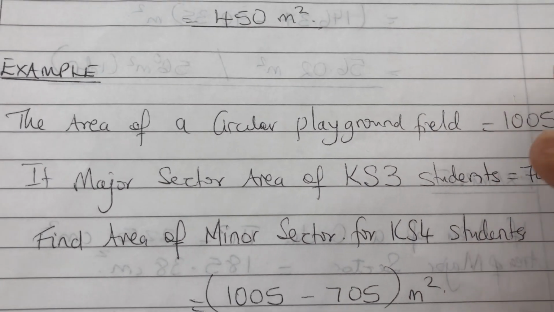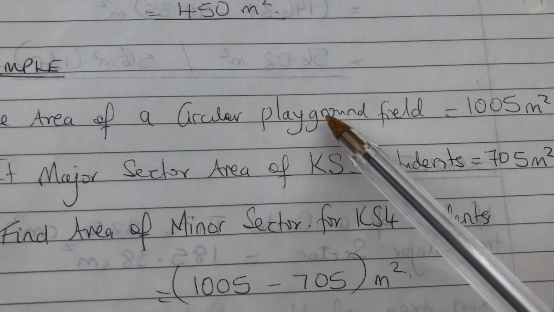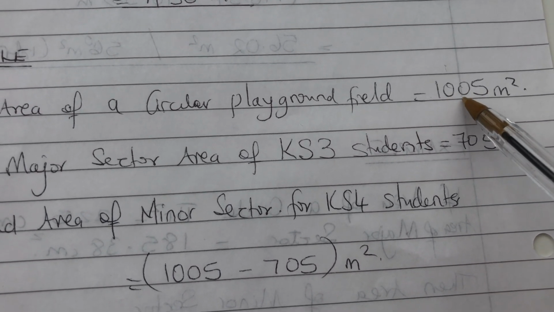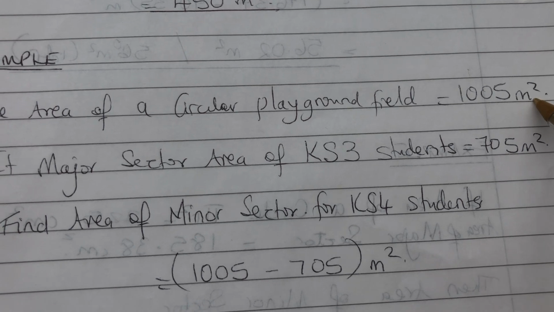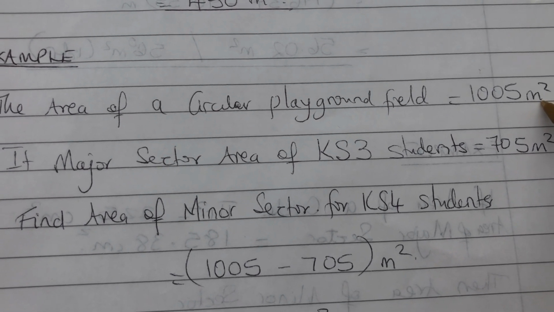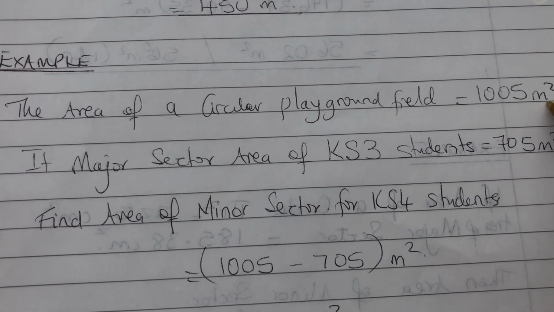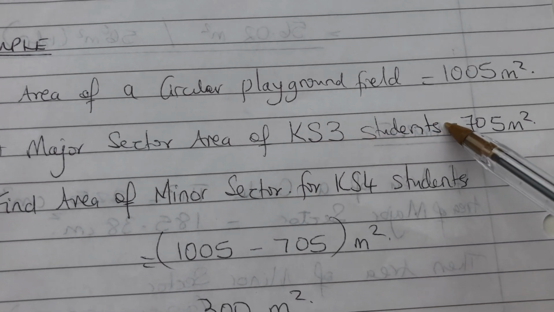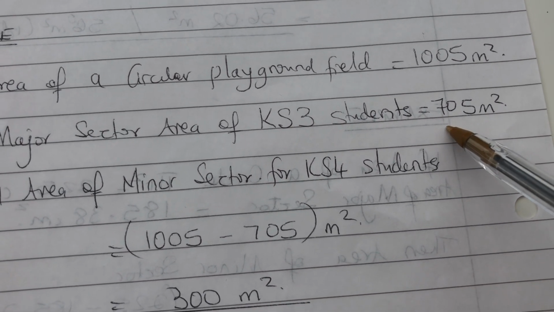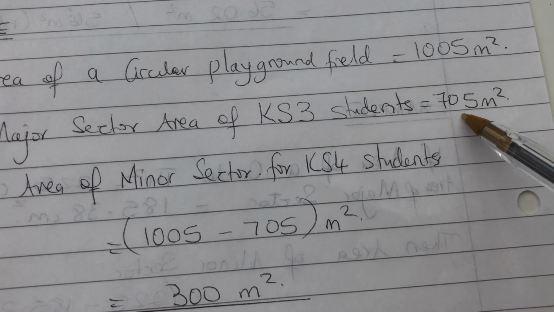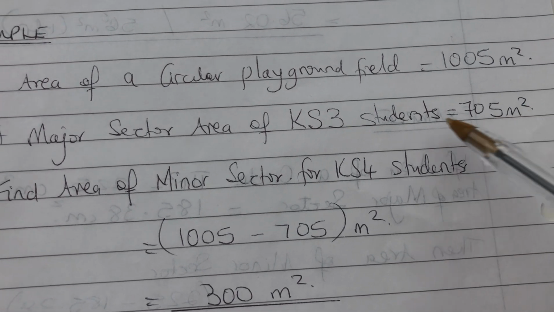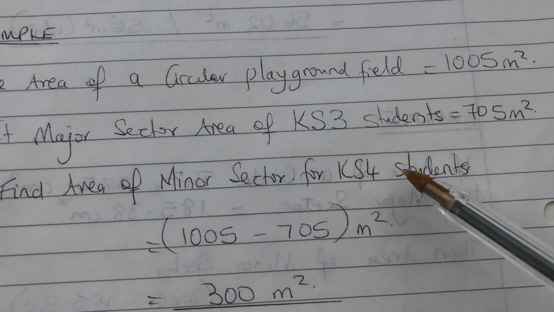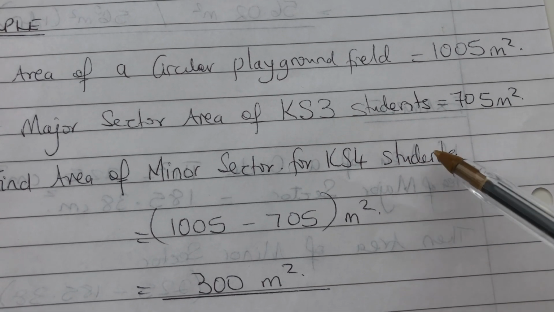Another example: the area of a circular playground field is 1,005 meters squared. Remember your units. If the major sector area for KS3 students is 705 meters squared, what would be the area of the minor sector for KS4 students?